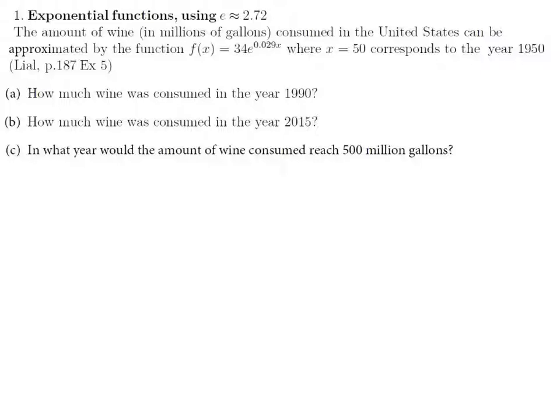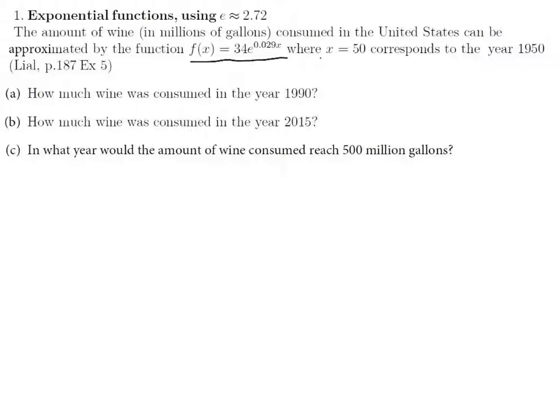So the amount of wine in millions of gallons consumed in the United States can be approximated by this function. So we have f of x is equal to 34 times e raised to the power of 0.029x. So here, unlike other examples we've had in prior weeks, x is part of an exponent.